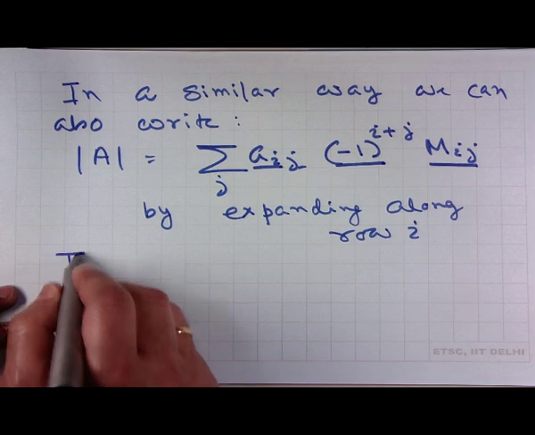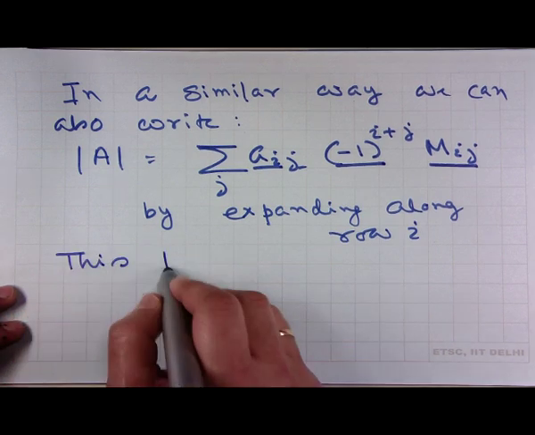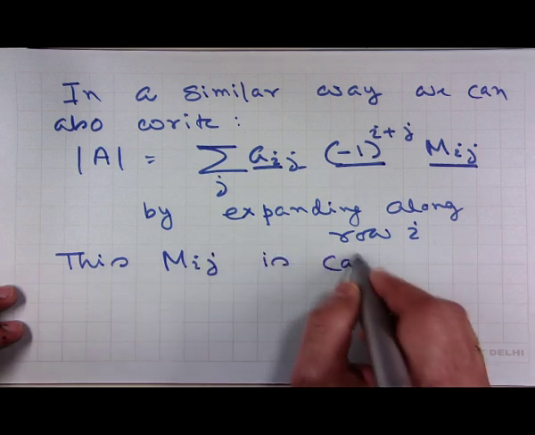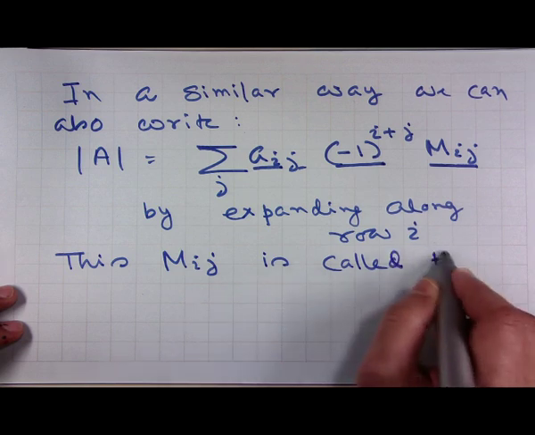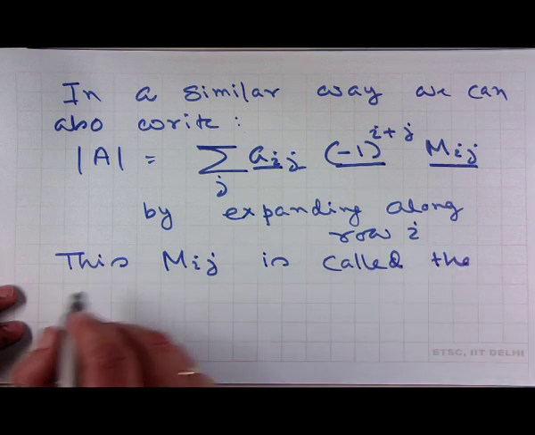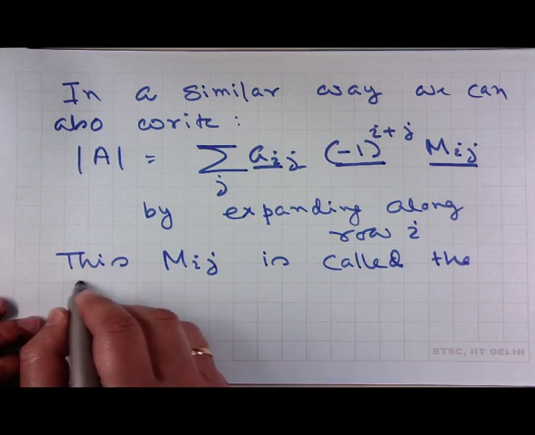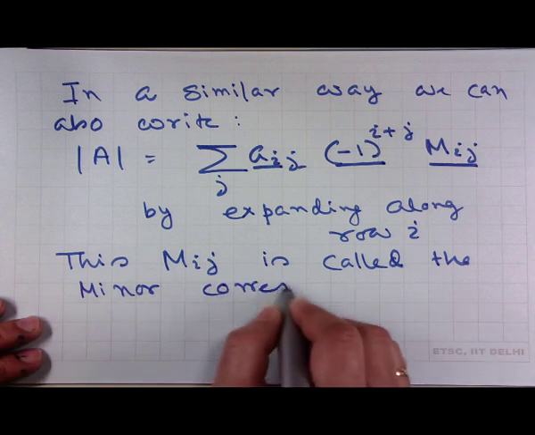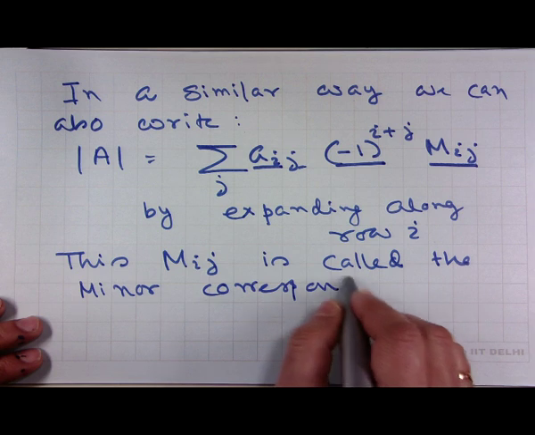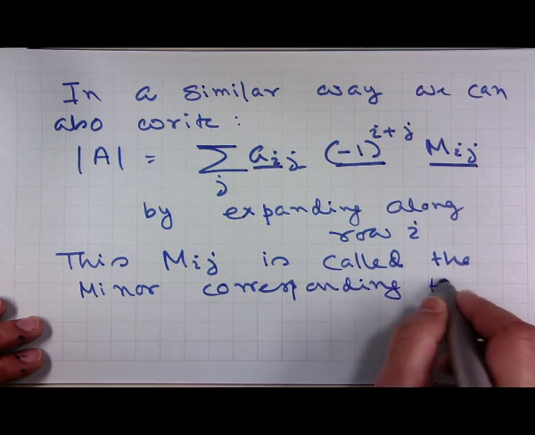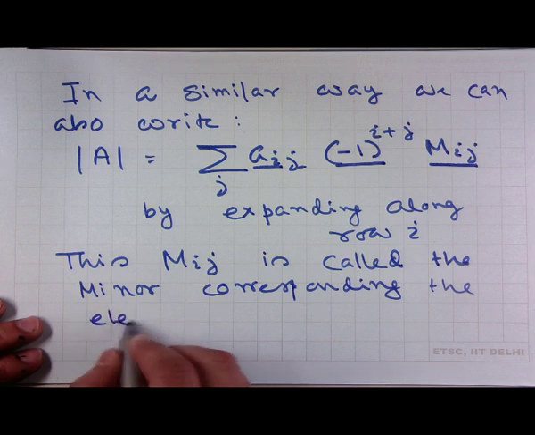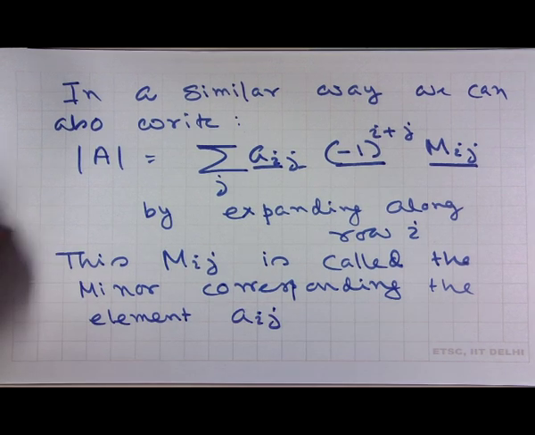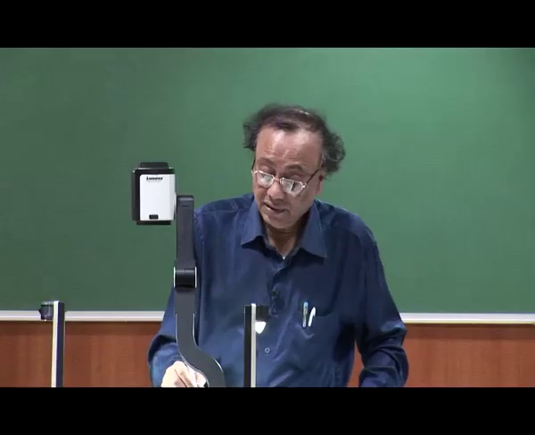This M_ij is called the minor corresponding to the element A_ij.